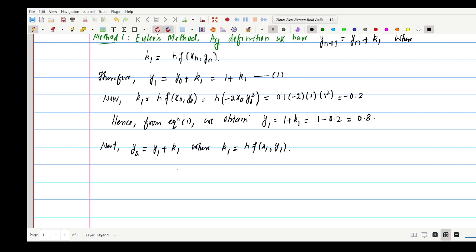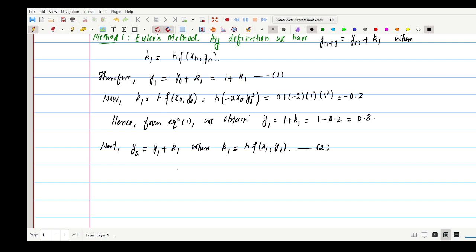We need to note here that k1 is not the same in all the iterations. In y1, k1 was defined as h f of x0 y0, because y1 was obtained by putting n equal to 0. Now for y2, we put n equal to 1 and get y2 as y1 plus k1, and in k1, when we put n equal to 1, we get h f of x1 y1. So now let's call this equation number 2.